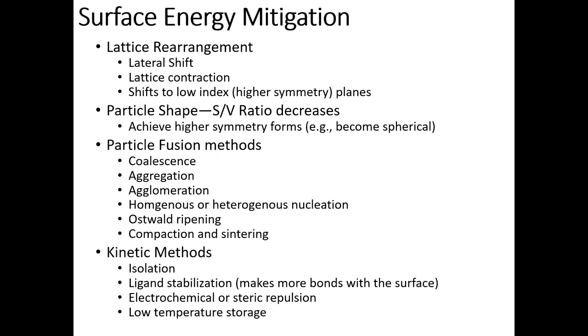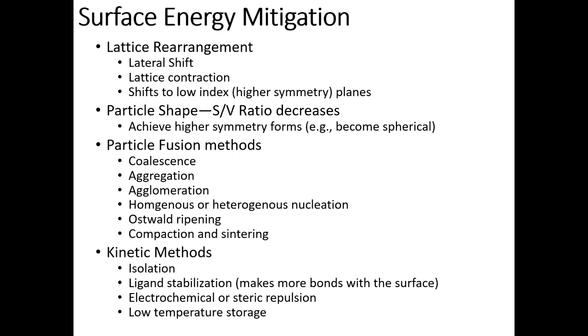When you contract, you're taking more electrons from the volume to stabilize your surface. You can become more symmetrical. Remember, we know that stabilizes the surface as well. Particle shape, surface to volume ratio can decrease. Achieve higher symmetry forms, become more spherical.